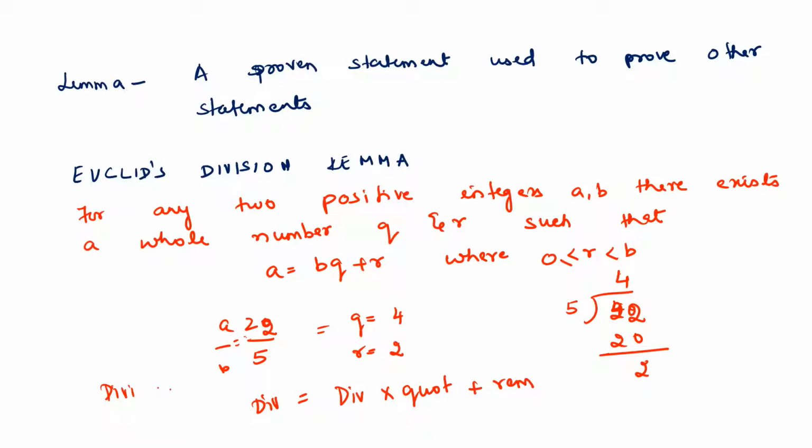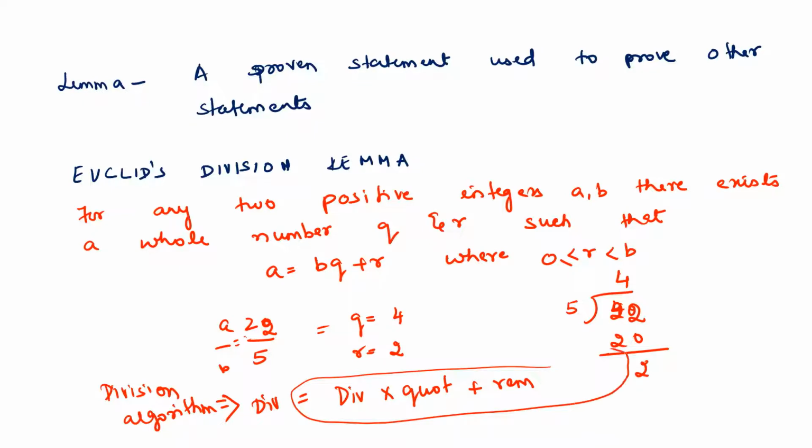When have you used this division algorithm? To verify whether your division is correct. In your lower classes, after divisions, you have taken this RHS and checked whether you get the dividend.